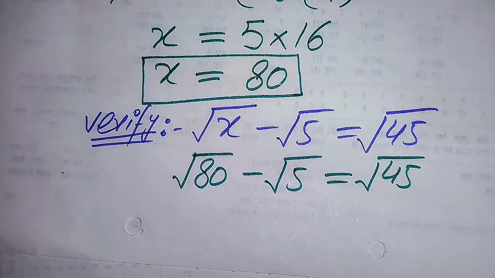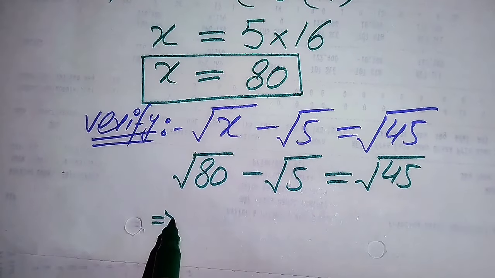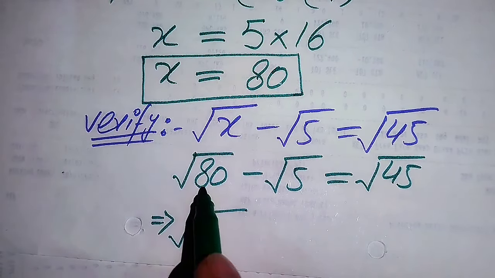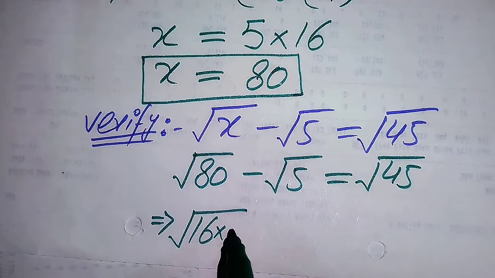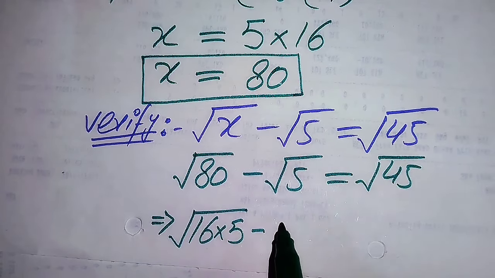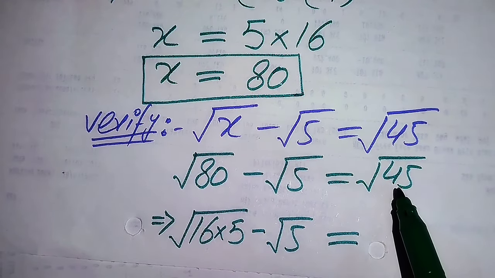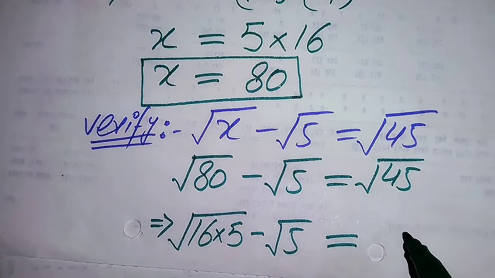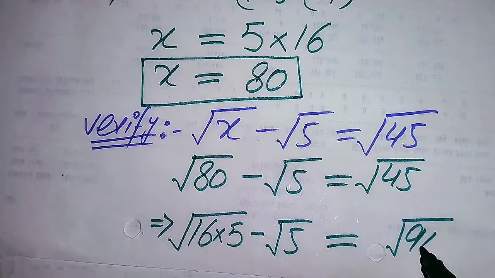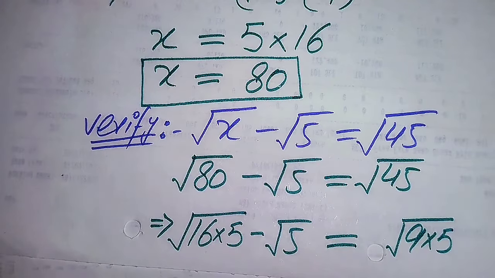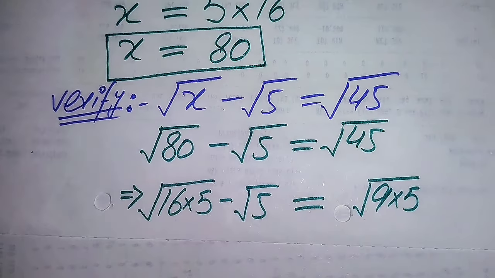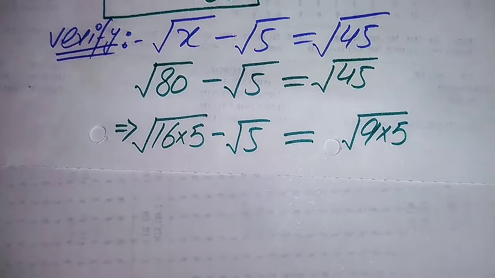Now we rewrite this equation: we write this 80 as 16 times 5. We know that 16 times 5 becomes 80, minus square root of 5 is equal to square root of 45, and we write this 45 as 9 times 5. We know that 9 times 5 becomes 45.